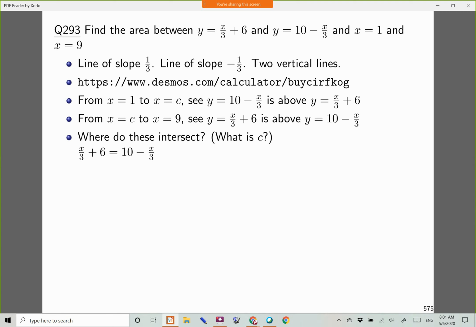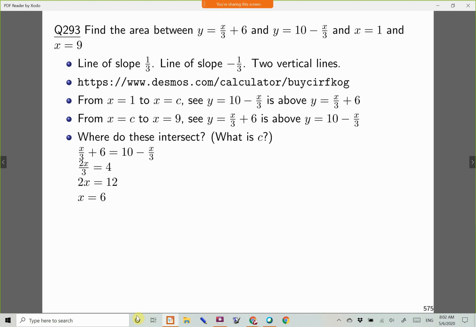Set the y's equal to each other. So set x over 3 plus 6 equal to 10 minus x over 3. I added x over 3 to both sides to offset the minus x over 3, and subtracted 6 on both sides. There's a couple ways to attack this, but one easy option is to multiply both sides by 3. So you have 2x equals 12, and then divide both sides by 2, so you have x equals 6. So that's that middle point.